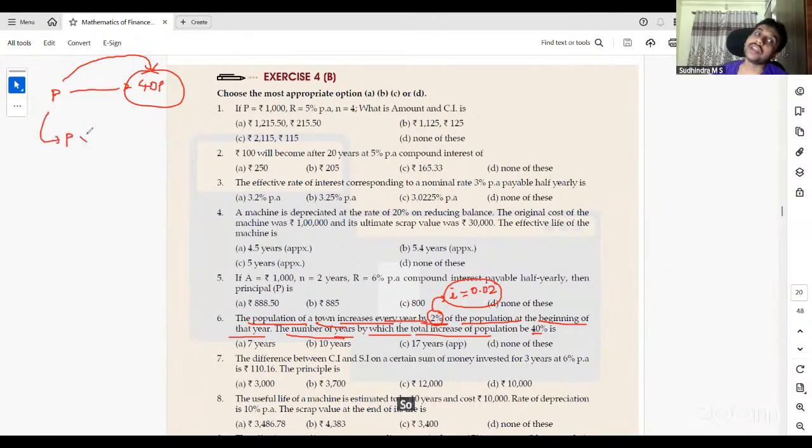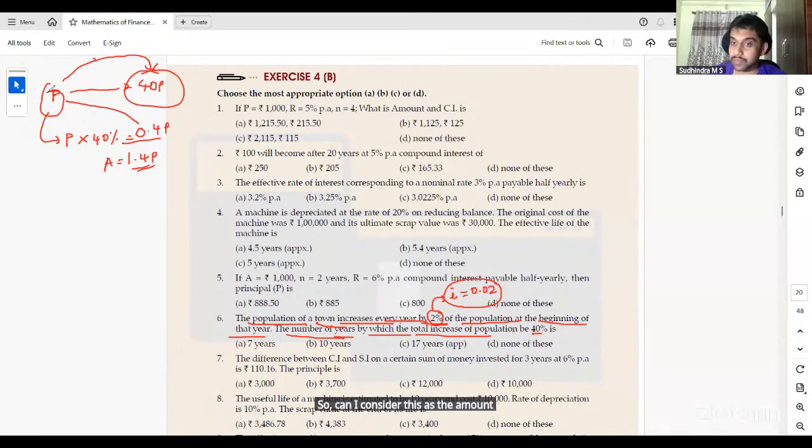So, P into 40%, that is 0.4P, is the increase. So after the increase, population would be 1.4P. Correct? So can I consider this as the amount and P as the principal? And they have given us I as 0.02. We have to find out the number of years.